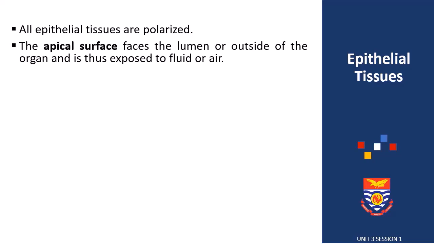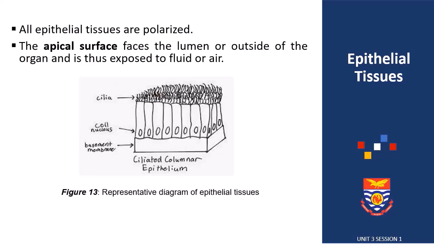With regard to the apical surface, this surface faces or lies outside the organ. It faces the outside of the organ, and it is normally exposed to fluid or air. So an example is the epithelium of the small intestine. So let's have a look at figure 13.